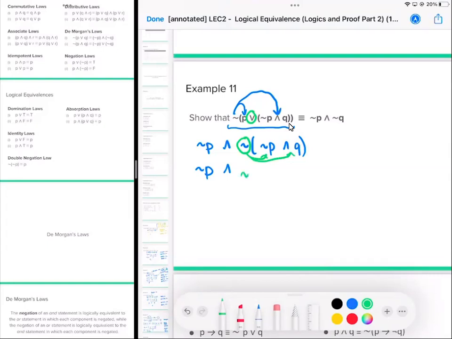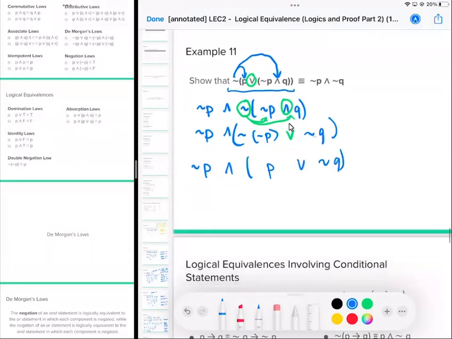So we will have the not of the not P, and this operator will become OR, and the not of Q. Now let us further simplify. The not of P and the not of not P will be P or not Q.